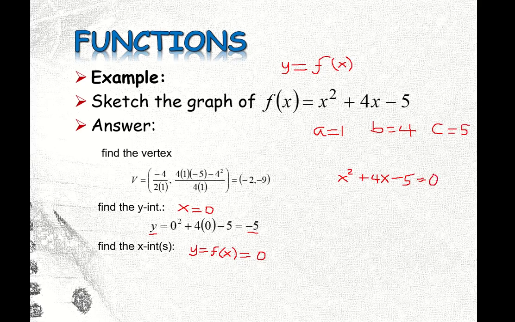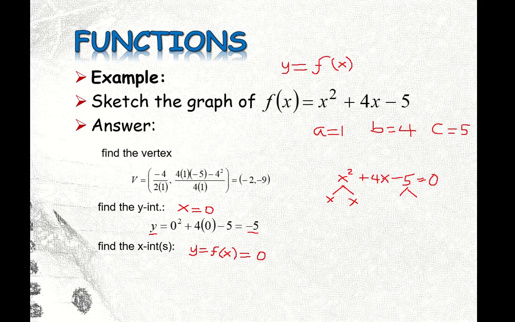Okay, so how will you solve for x? This is a quadratic equation, so you need factoring. You have x and x here, factors of x squared. Then here we have negative 5. So what are the factors of negative 5?